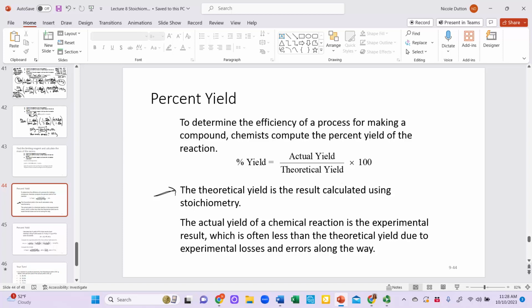So there's error that can happen in the lab when you're actually producing or doing these reactions where you can lose part of the reactants. And what happens gives you your actual yield. So when you actually perform this physically in a lab, you tend to produce less product than you would under perfect conditions, because it's near impossible to reach perfect conditions in a lab.